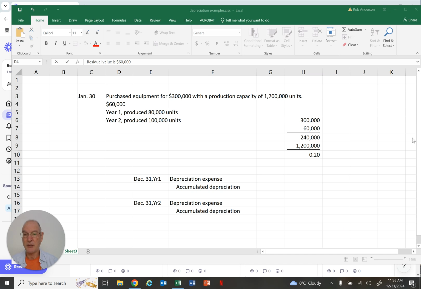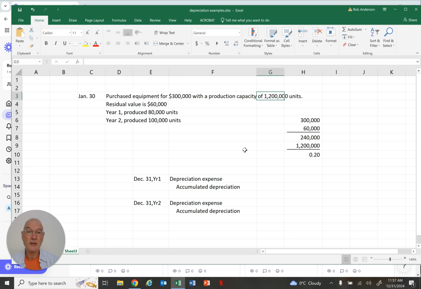So let's look at this example. I think you'll find this to be a fairly nice method to apply. We're going to buy equipment for $300,000, and it has a production capacity of 1.2 million units. Now, our residual value is 60,000.